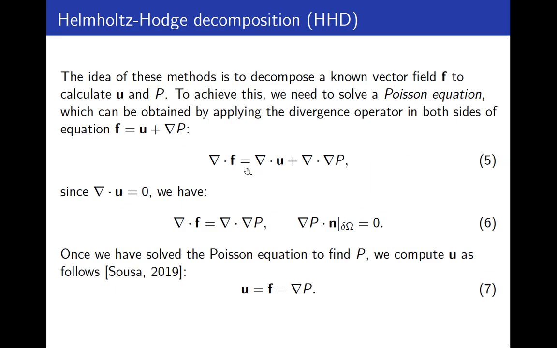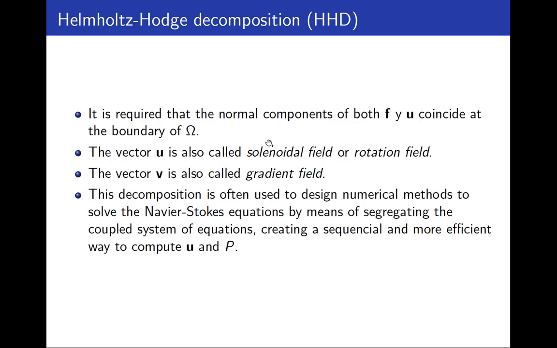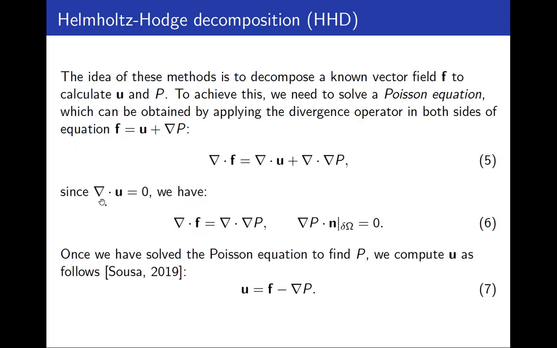But remember that from our definitions, the vector field U is divergence-free, so this term is actually 0. So equation 5 becomes equation 6. We have an equation that can be solved easily because we know F. We just need to obtain its divergence, and that has to be equal to the Laplacian, or the divergence of the gradient of P. So this operator becomes a Laplacian.